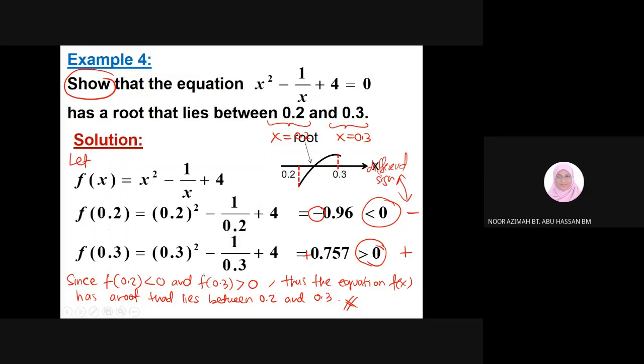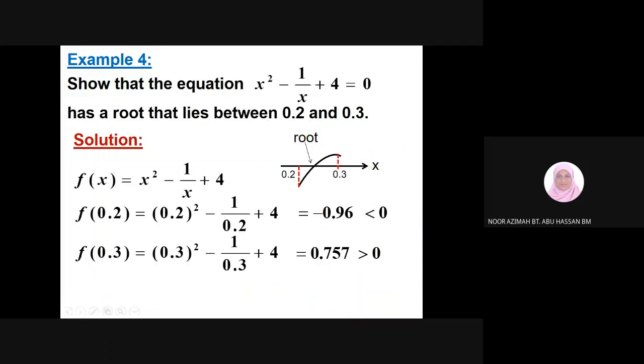And not just the conclusion, the indicator that it is less than 0 and more than 0, which indicates it is negative and positive, is also important and must be written. Okay, moving on to next question.